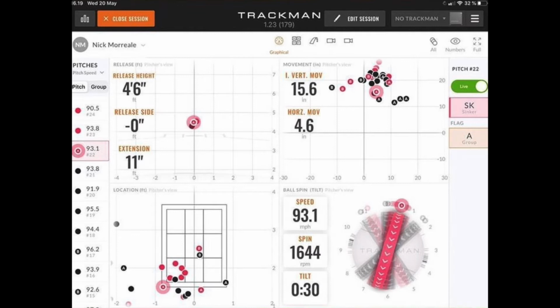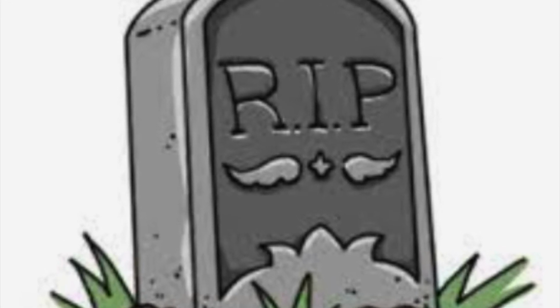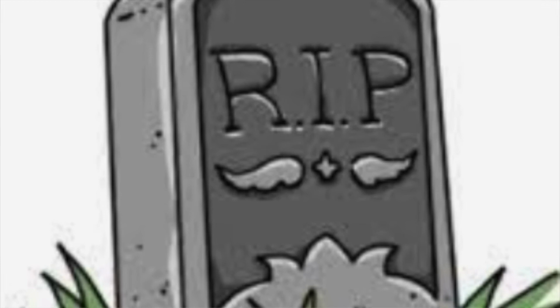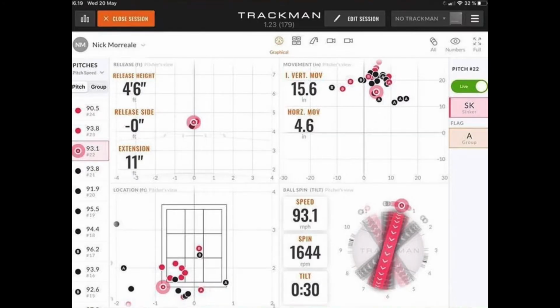Another thing I know that this isn't the best pitch ever is it's classified as a sinker and it has 15.6 inches of vertical break, which is very, very high for a sinker. And it's also in what we classify as the dead zone. Those inches, anywhere from about 12 to 16 inches of vertical break, are kind of this dead zone.